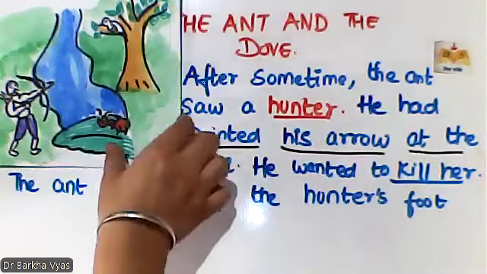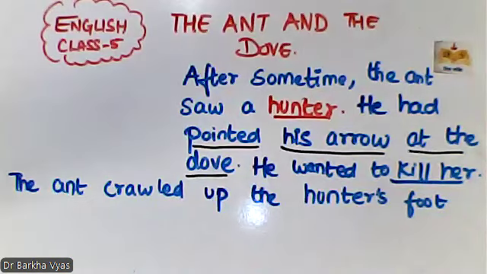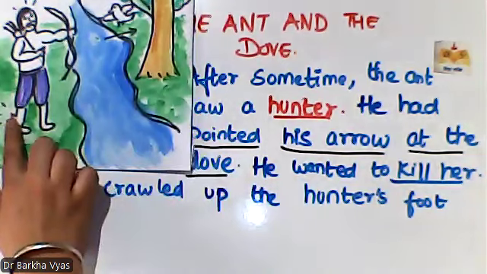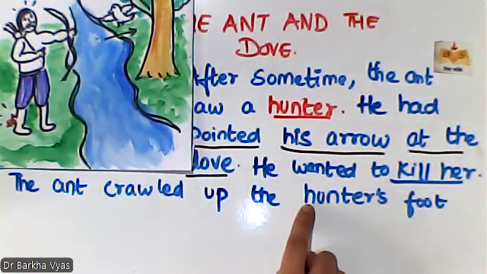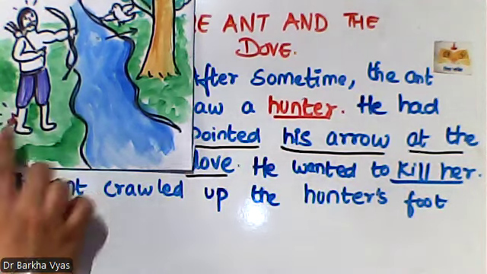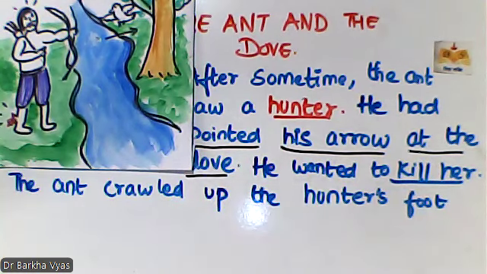The ant. So what did the ant do? The ant crawled up the hunter's foot. What did the ant do? The ant crawled up the hunter's foot.